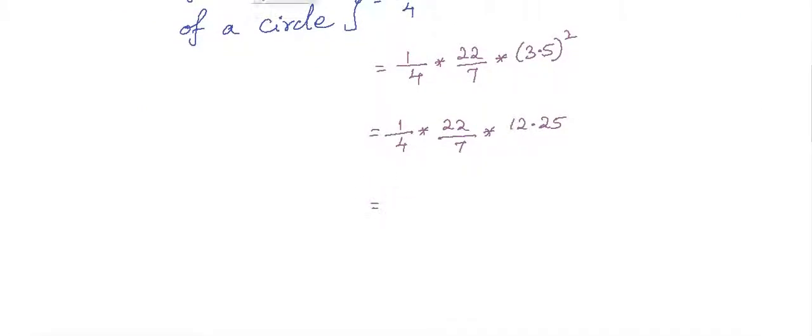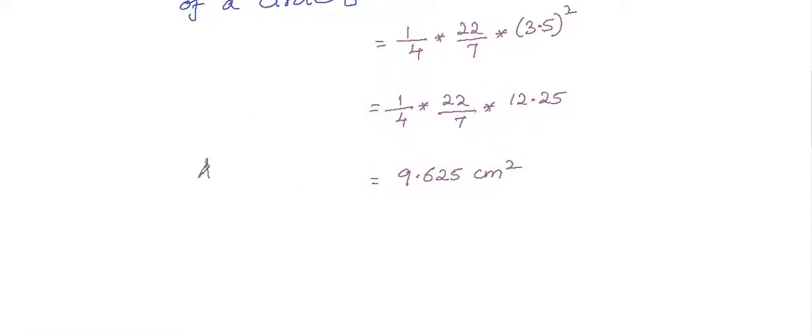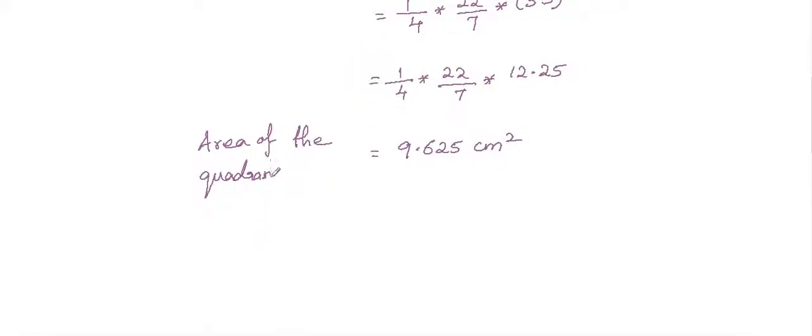If you simplify this, we get 9.625 centimeter square. So the area of one quadrant of the circle is 9.625 centimeter square.